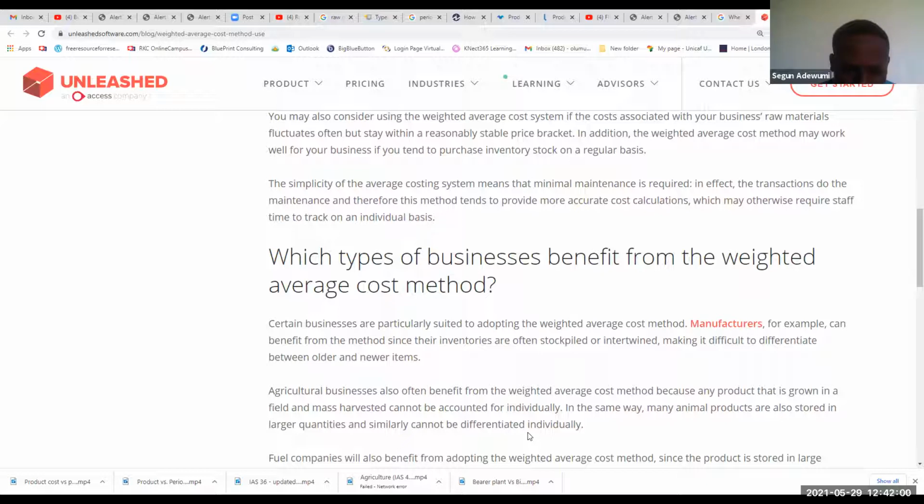Agricultural businesses also often benefit from the weighted average cost method because any product that is grown in a field and mass harvested cannot be accounted for individually. In the same way, many animal products are also stored in larger quantities and similarly cannot be differentiated individually.